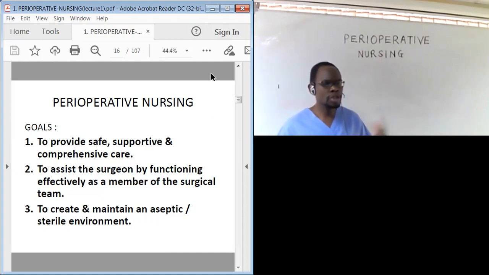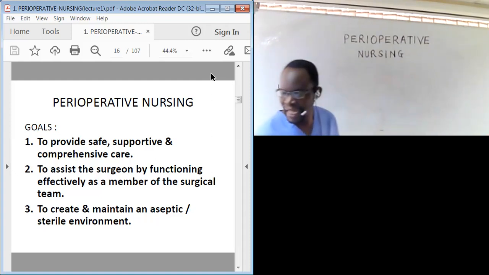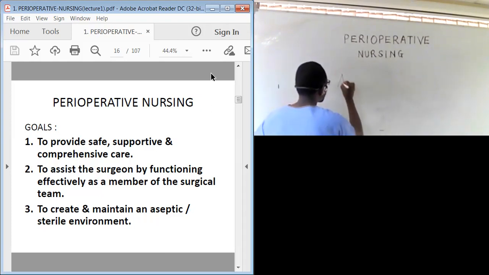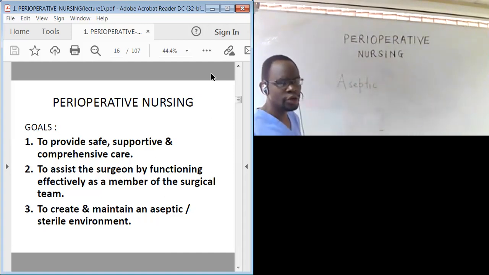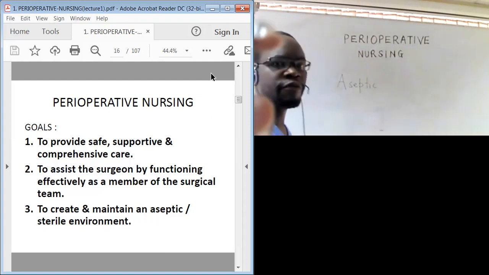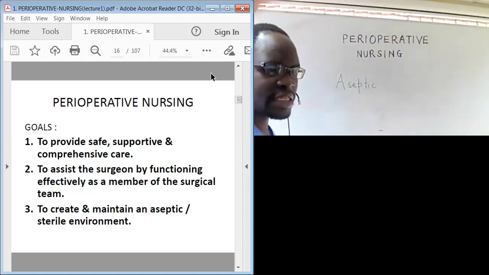Also, creating and maintaining an aseptic environment. It is very important for the nurse to maintain an aseptic environment, an environment that is free of microorganisms.